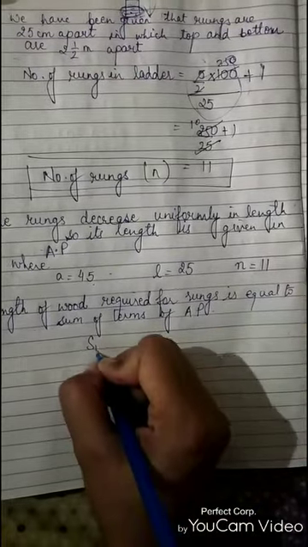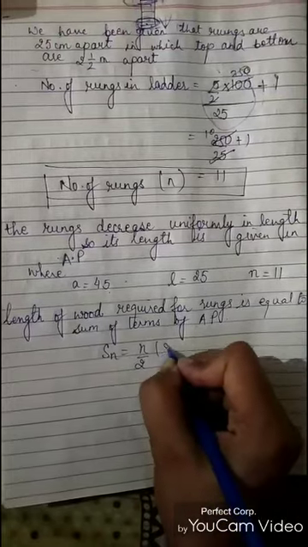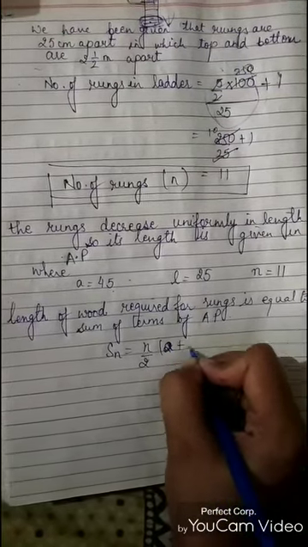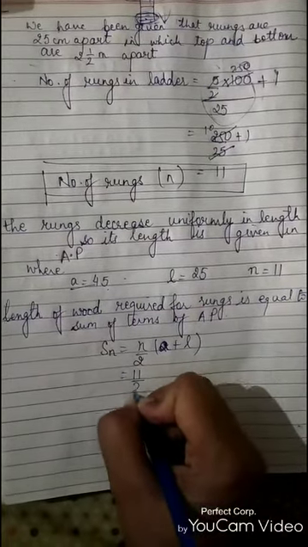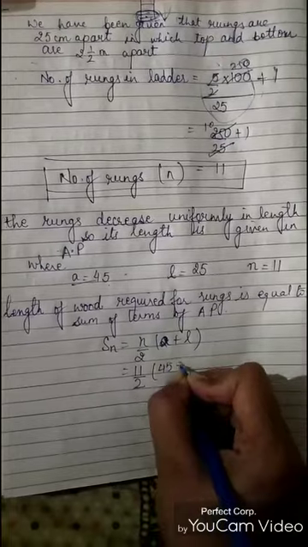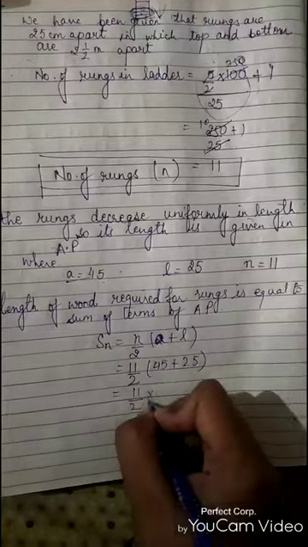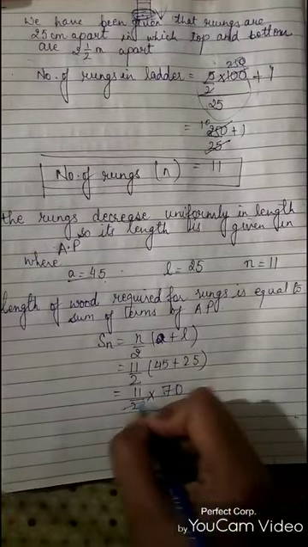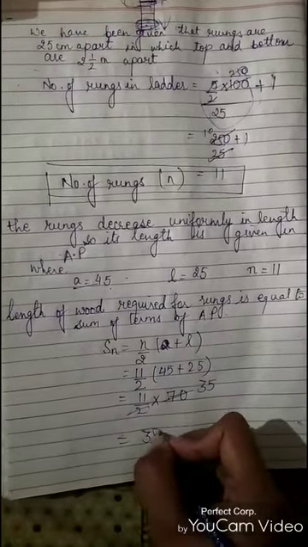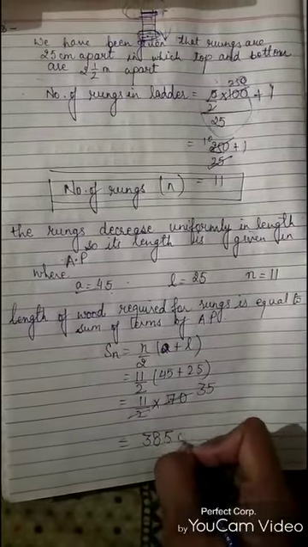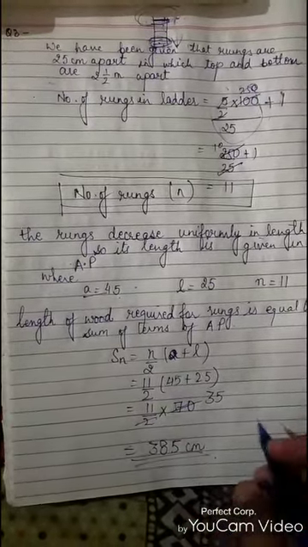Okay, so we'll find the sum that will be equal to the length of the wood required. n/2, we'll use that formula A plus L, because first term is given to us and last term is given to us. So n here is 11/2. First term is 45 and last term is 25. Solving this, 11/2 into 70. Cancel these, you'll get 35. So the length of the wood required is 385 centimeter. So length of the wood required is 385 centimeter.